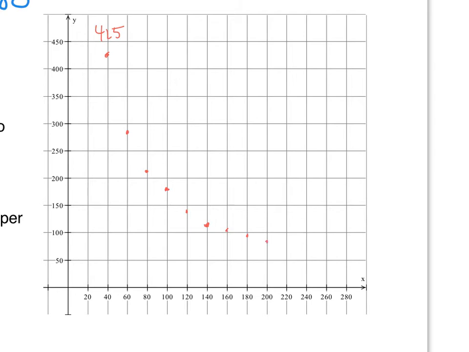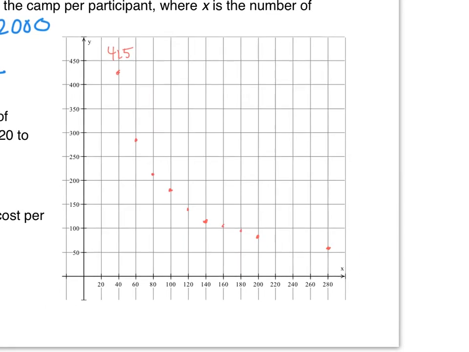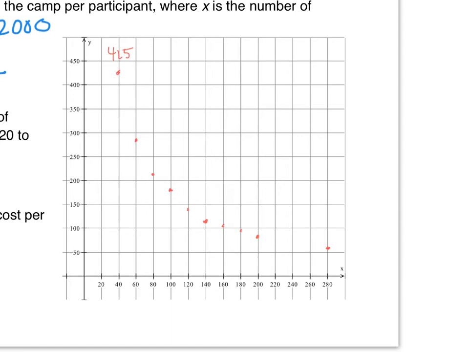I'm going to jump out to the end. 280 is 60. Then I'm going to connect these. So it comes not quite straight down, but it comes down pretty fast. And then kind of levels off near the end here.